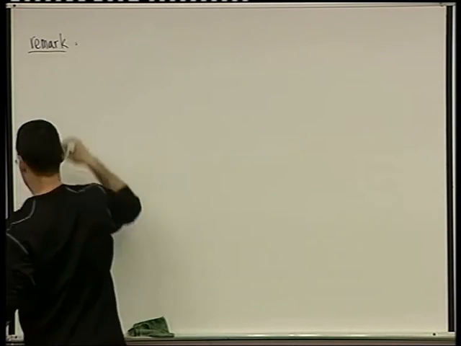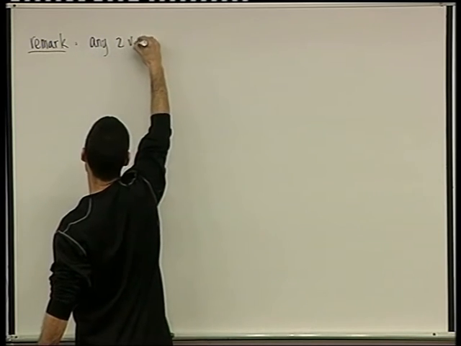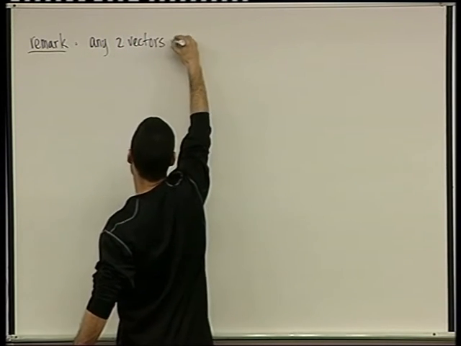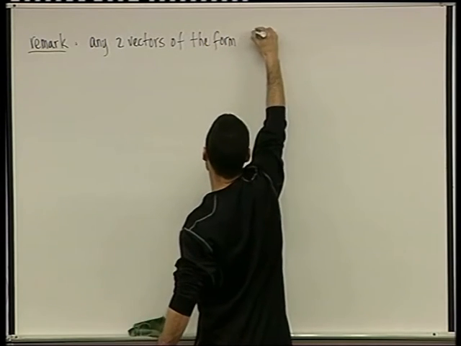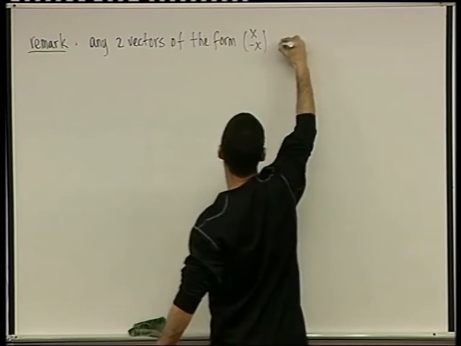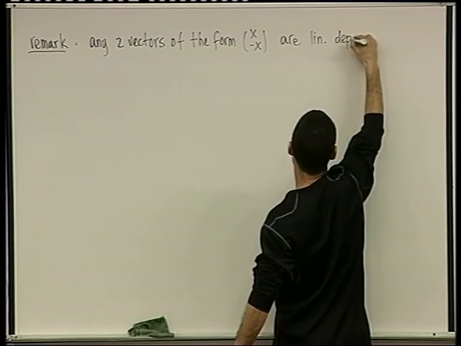So here's a first remark. This is going to be part of the theorem as well. So the remark is, any two vectors of the form x, minus x are linearly dependent. Do you agree?